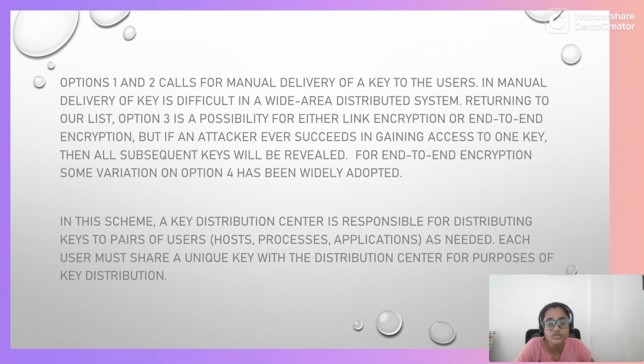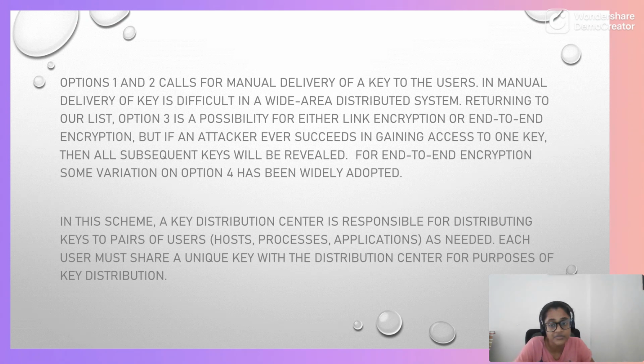We have the fourth option, which is widely used and adopted by everyone, which talks about a third party C that is generating a key for both A and B. Let's talk more in detail about this fourth option.